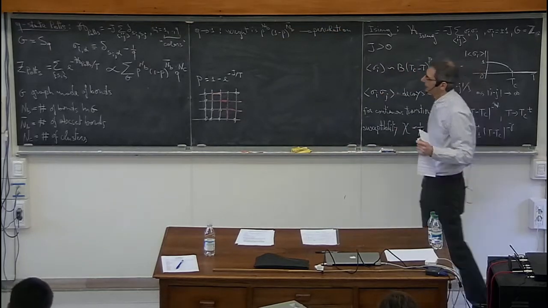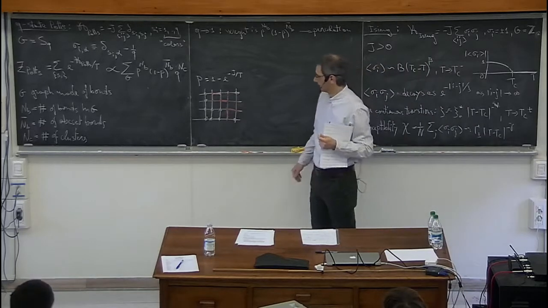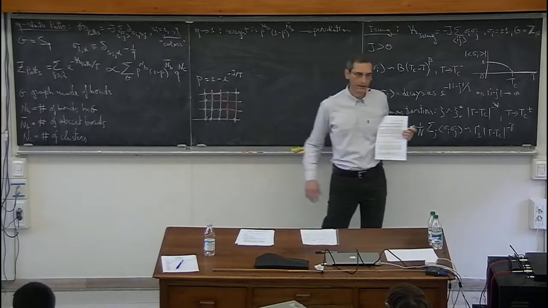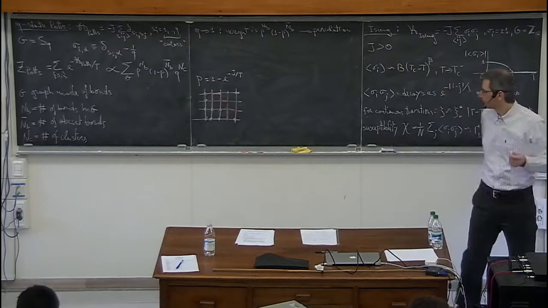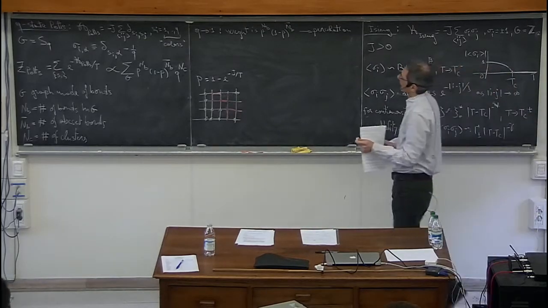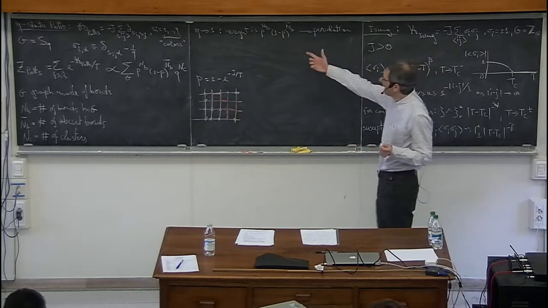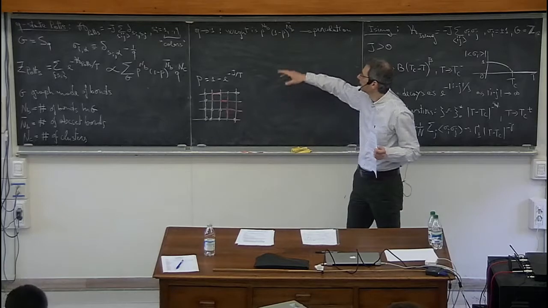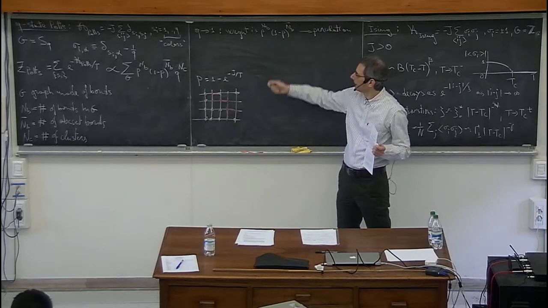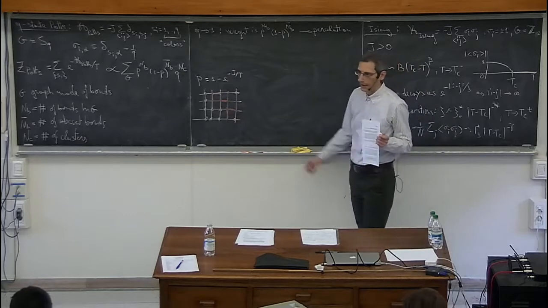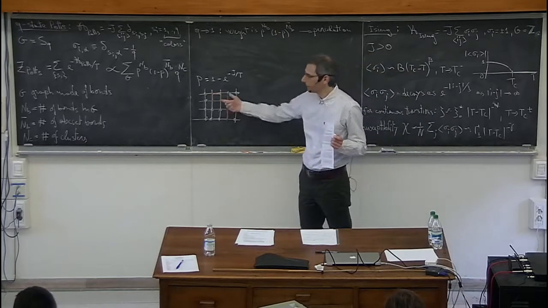So percolation is a purely random problem in which you put bonds on a lattice. You consider all possible configurations and weight each configuration in this way. So p is the probability that a bond is present, and 1 minus p is the probability that the bond is absent.